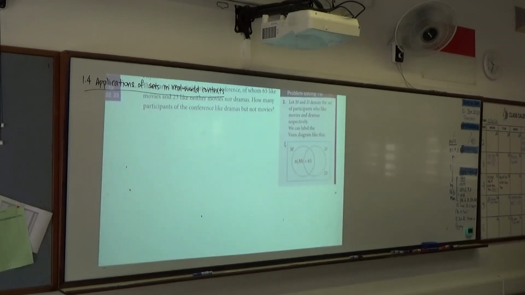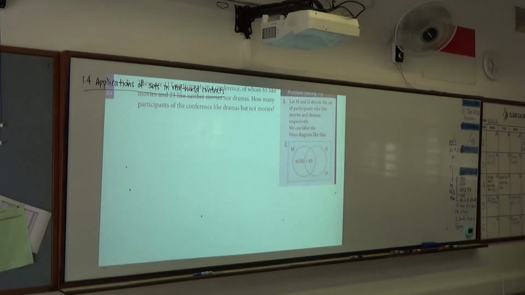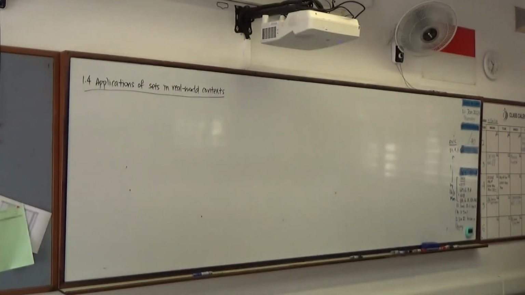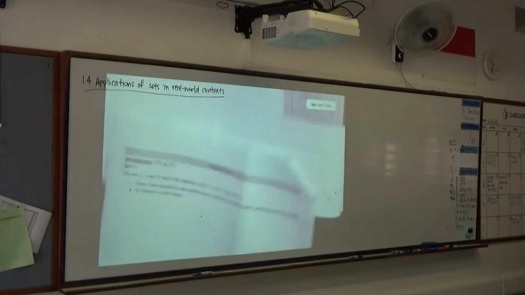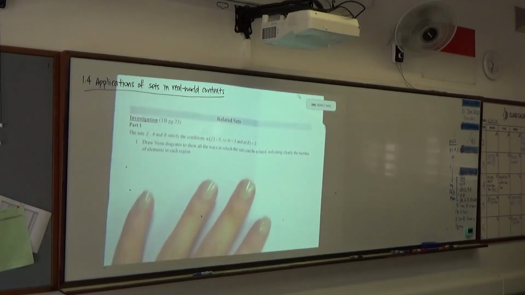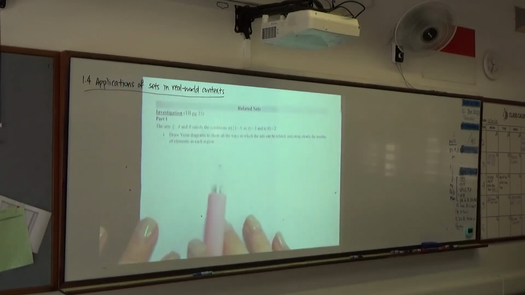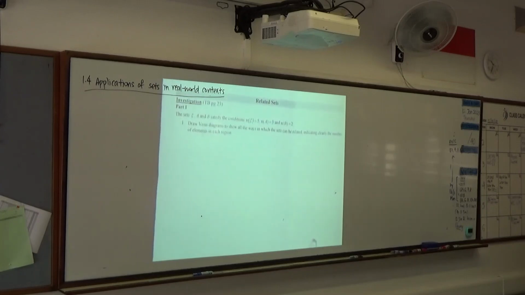Yeah. Now let's go back. Let's start with the investigation activity here in your notes. I extracted this out from your textbook so that we can do it in the worksheet and consolidate everything easier when you're revising.